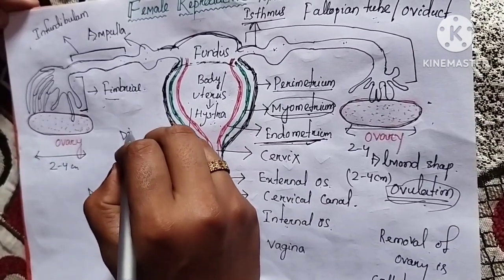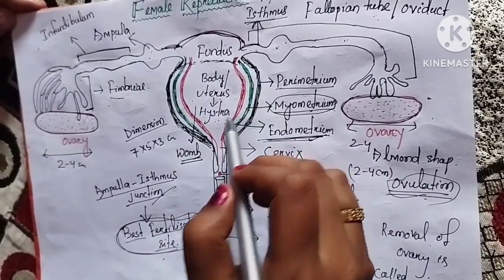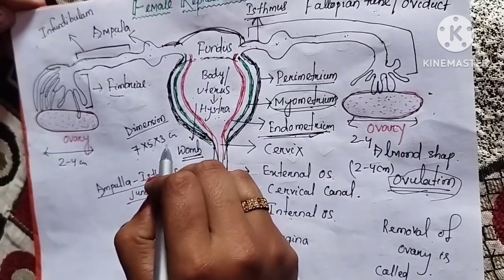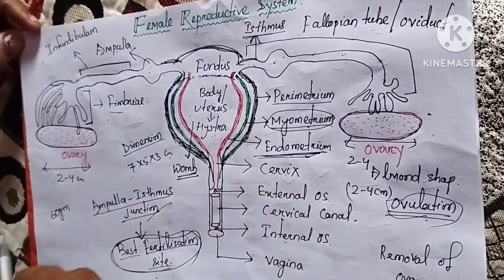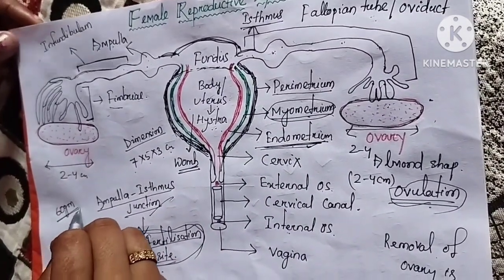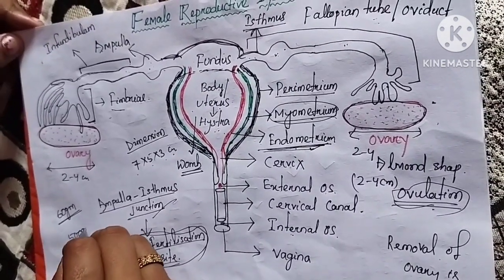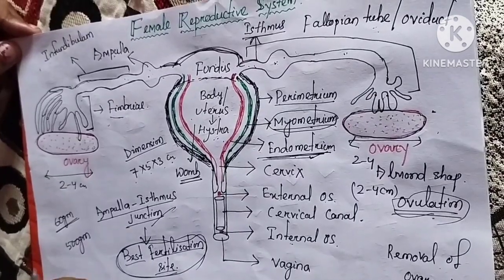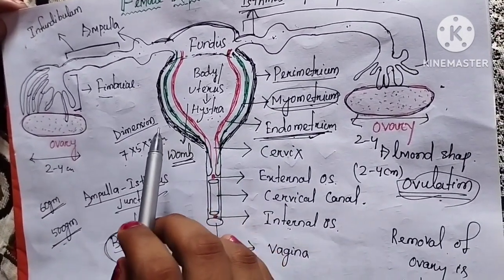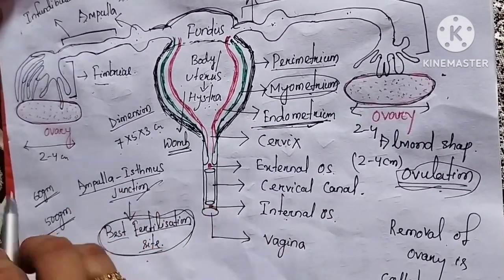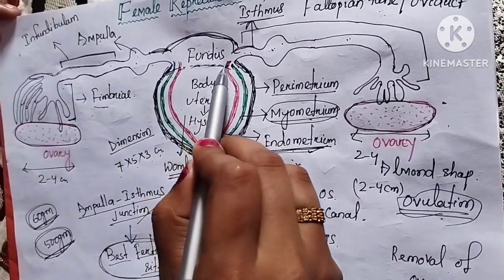In a non-pregnant female the weight of the uterus is 60 grams, and in a pregnant female it is 500 grams.